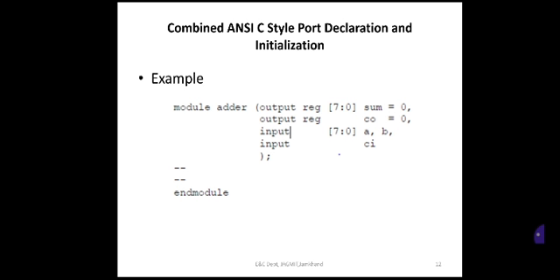Module adder: observe here in the bracket itself, in the previous case we just listed the variables sum, c naught, a comma b comma cin, but here declaration as well as initialization is done. Output reg 7 down to 0, sum equal to 0, and output reg c naught equal to 0. Whatever we did outside in the previous example is done during the listing itself. This is called ANSI C style.